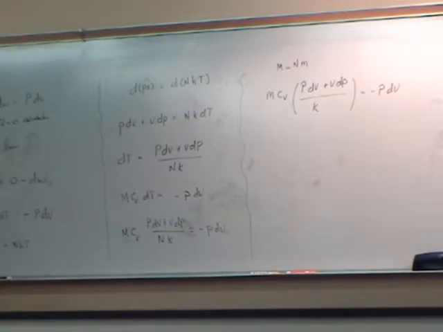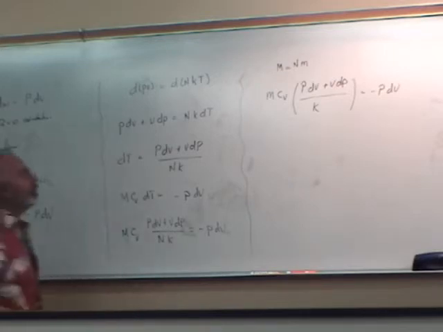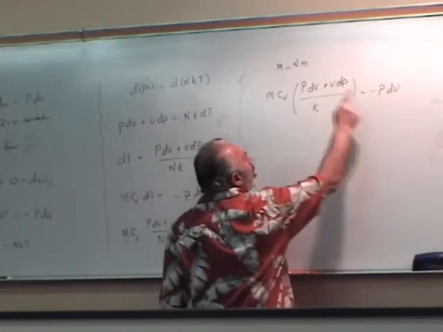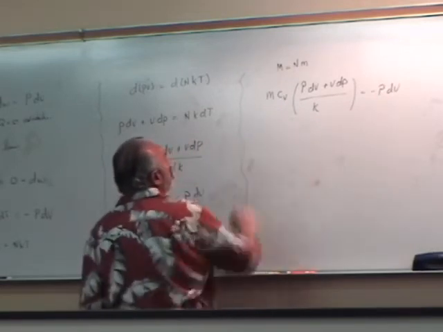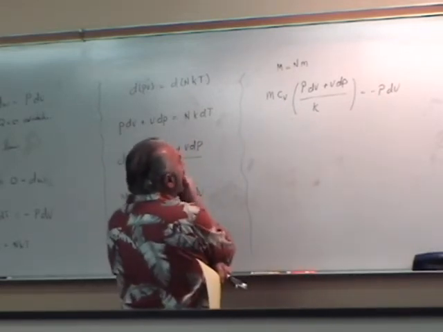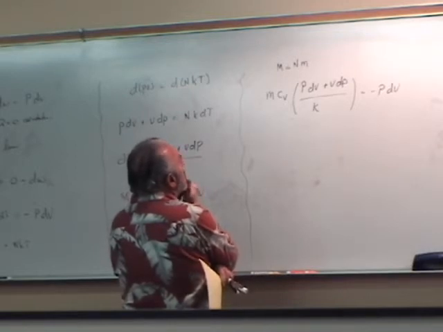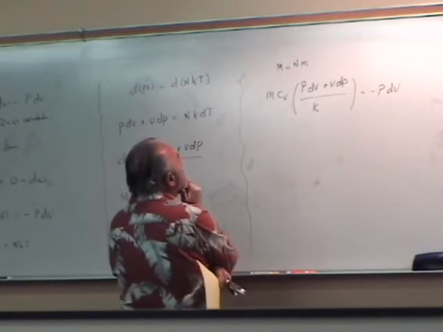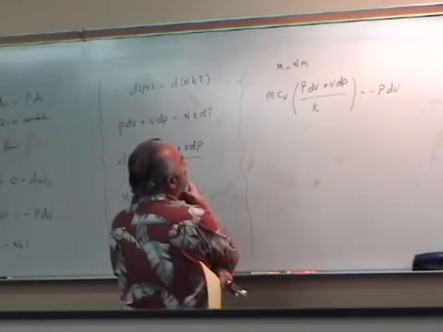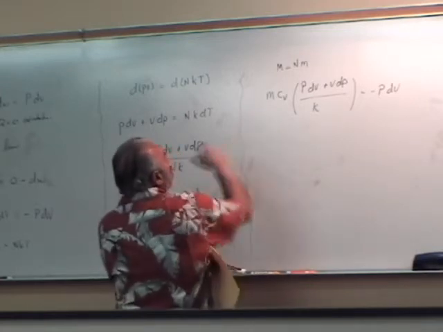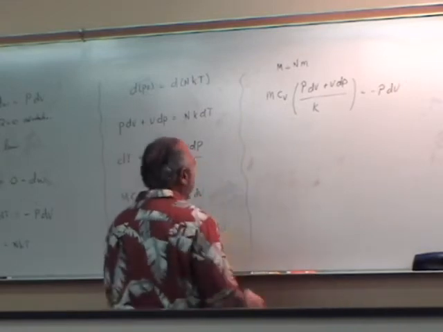So let's now collect the terms together. To do that, of course, we'll put this term over here, leave this term alone, and it might be handy now to first multiply both sides by k and divide both sides by m c sub v.